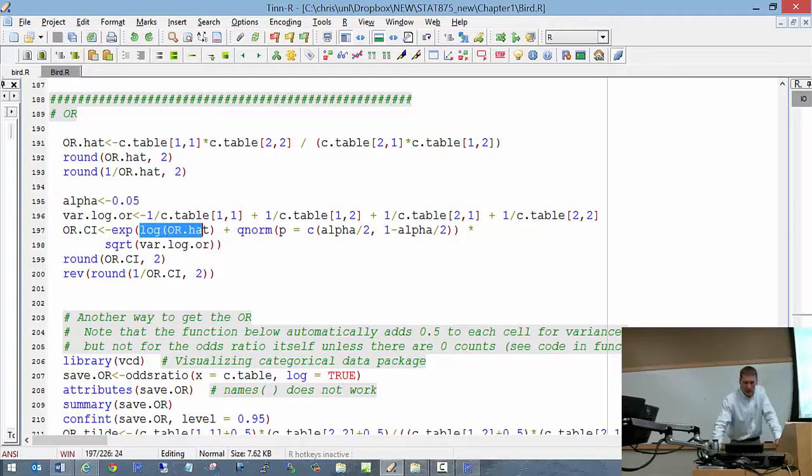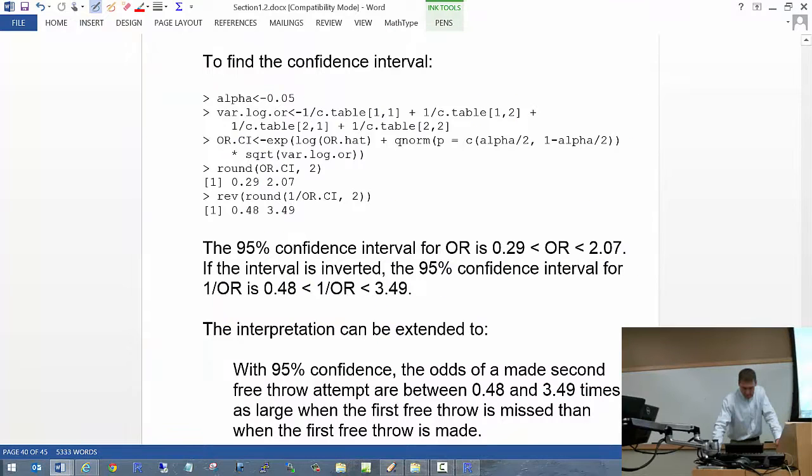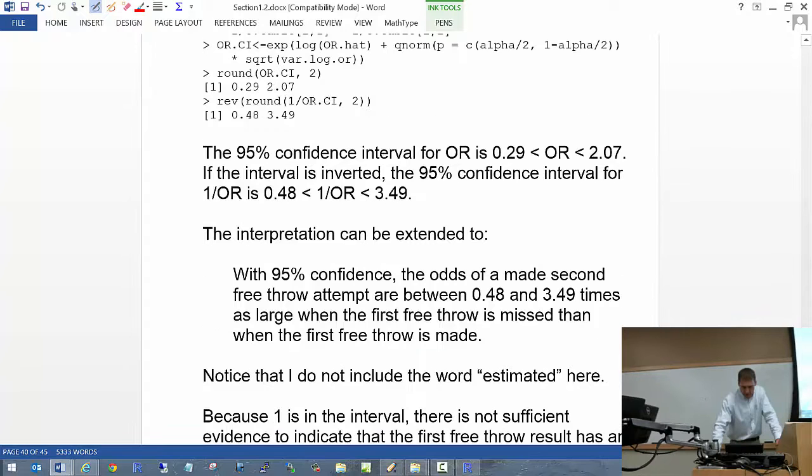Take the log of OR hat plus the value for my standard normal times the square root of my estimated variance. I do all the calculations, and I get an interval of 0.29 to 2.07. Okay, so you could also invert it too, depending upon where you're gauging your interests. So I could invert it to be 0.48 to 3.49.